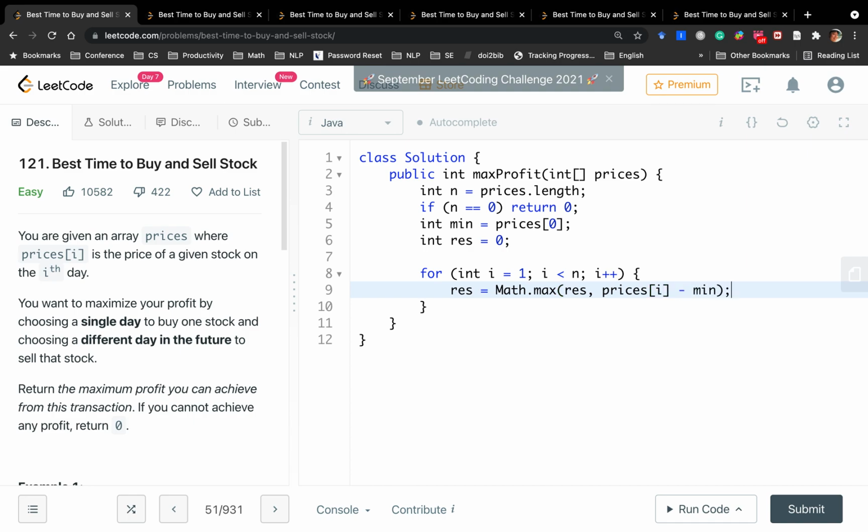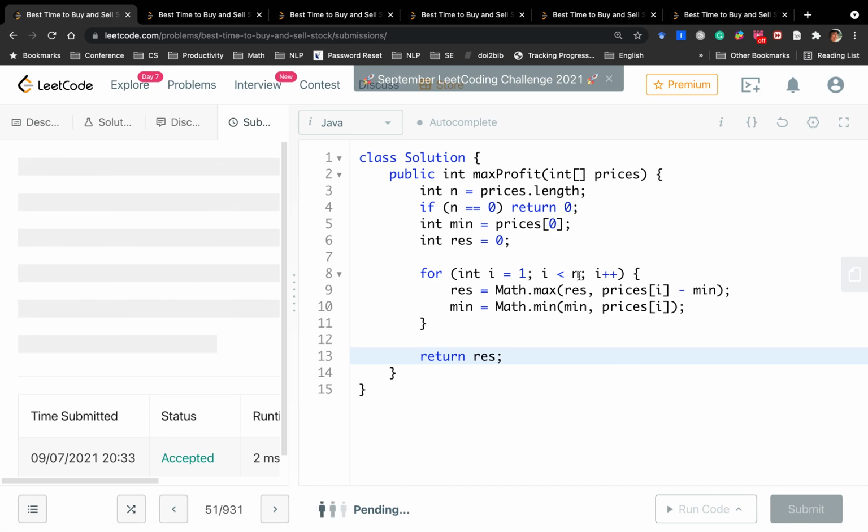And then we update this minimum. Do not mix this order up. We should first get the result and then update the minimum price. After that, return result. Okay, so that's the first question.